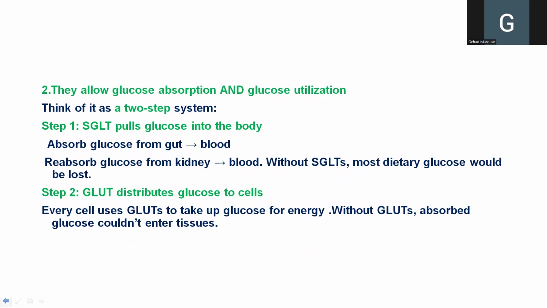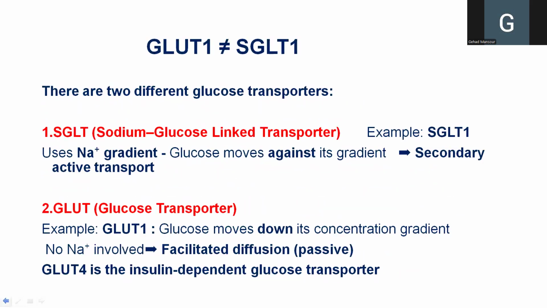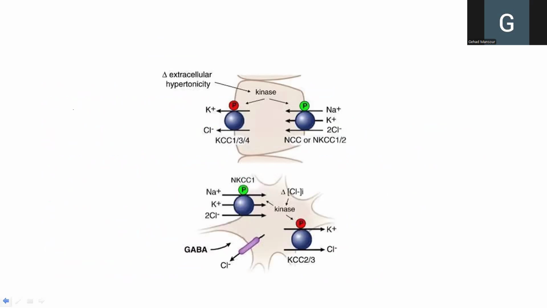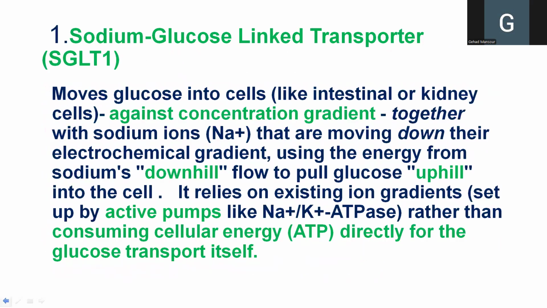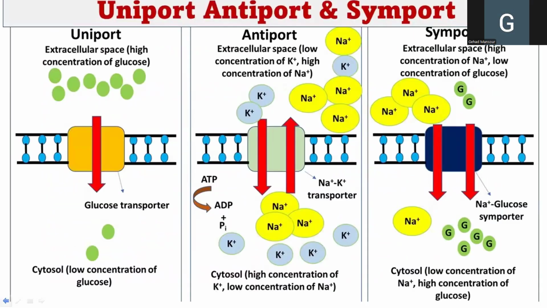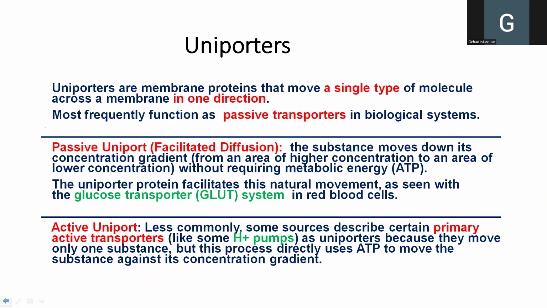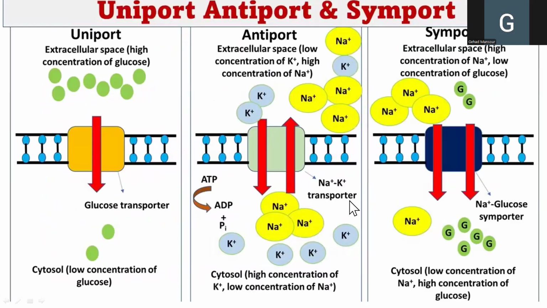I think we have seen it before. We have just explained it. Yes, we have just explained it when we were talking about the red blood cells, and we said that this is a passive transporter of glucose, and the difference between it and this one is very clear because here we need sodium ions.